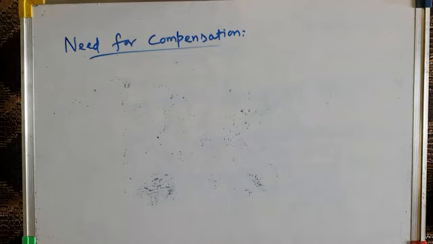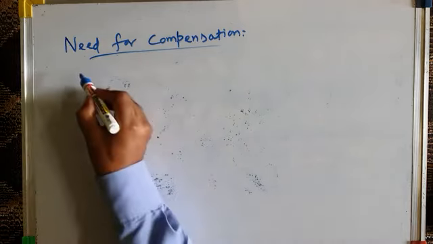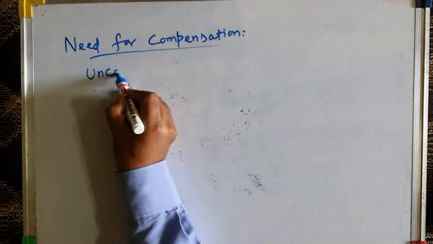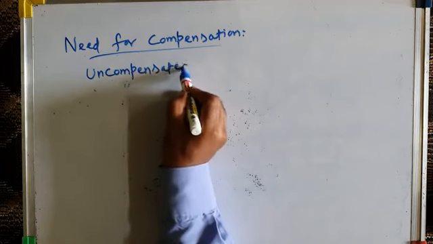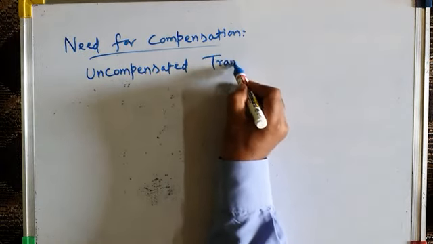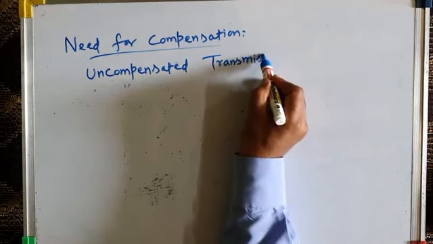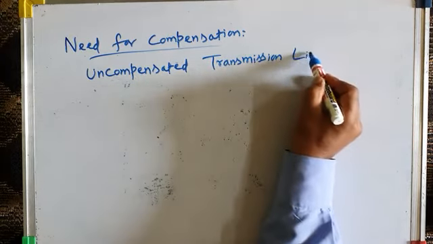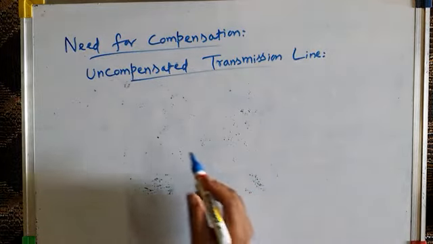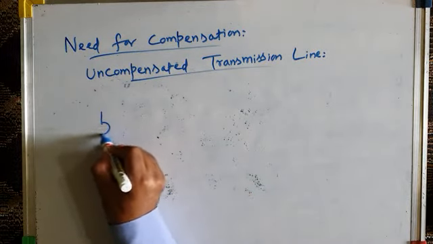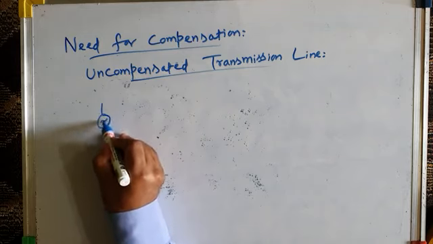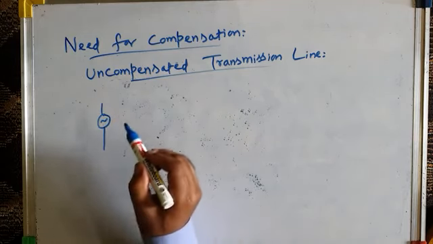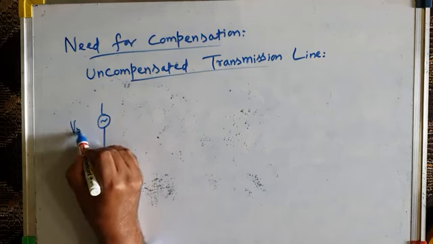In order to understand the need for compensation, let me take an uncompensated transmission line. Again, not a two machine model, let us consider a long transmission line and assume that power is transmitted over this power transmission line.